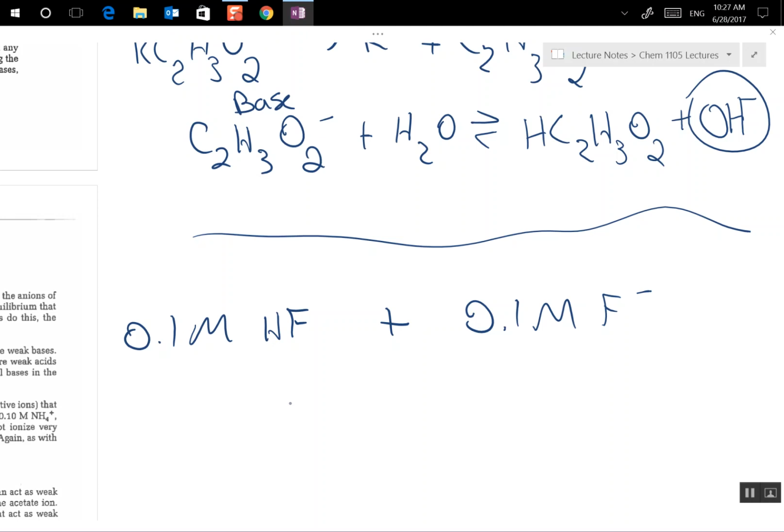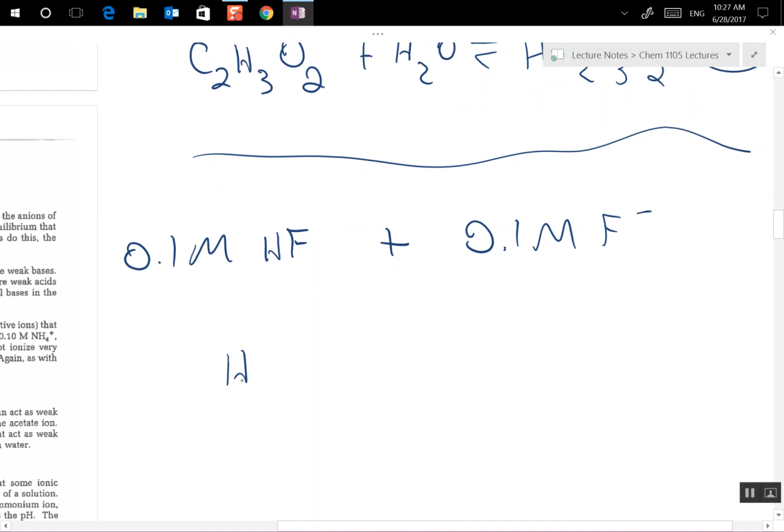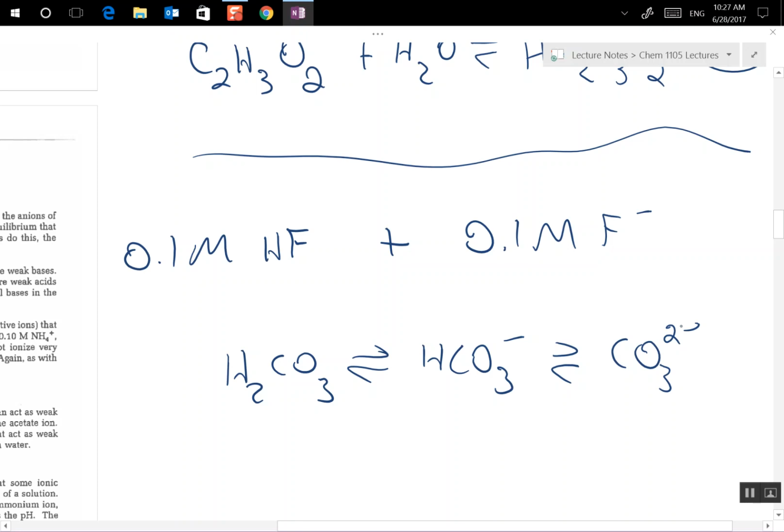So there is a very important buffering system in our bodies. Okay? Based off of the bicarbonate. Carbonic acid, bicarbonate, and carbonate. Buffering system. So our blood has those ions in it.